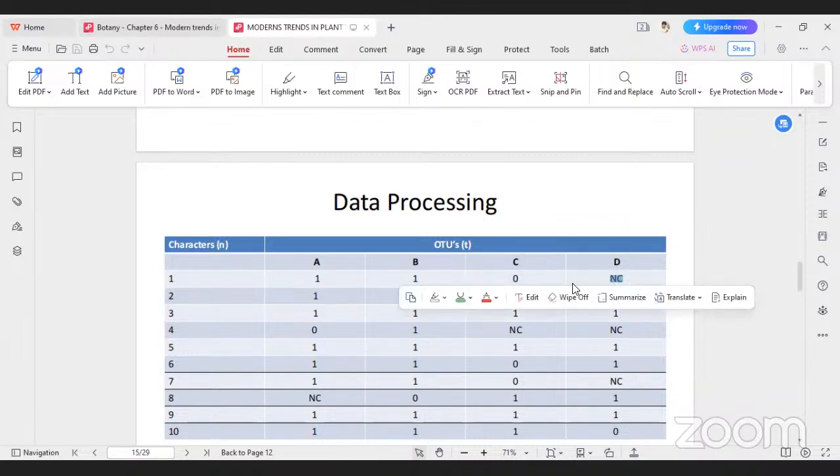And here the number of cotyledons is different, more than 2 cotyledons. So there is no comparison. If we take the number of cotyledons, there is no comparison with the remaining A, B and C.